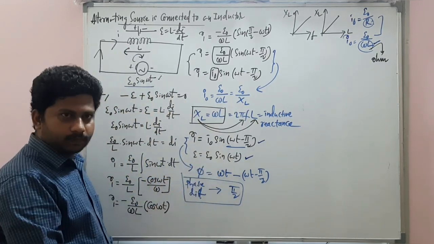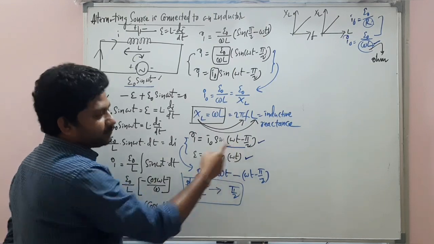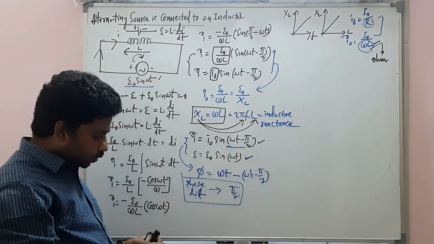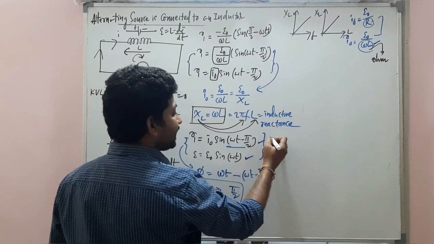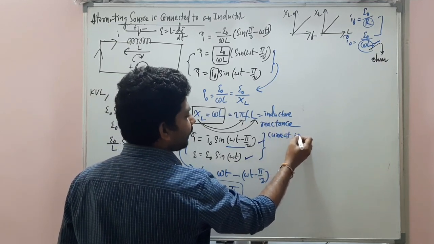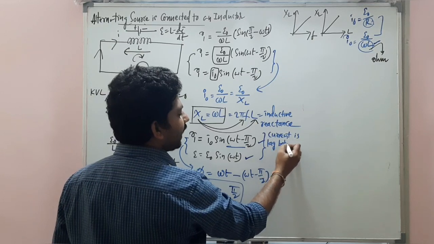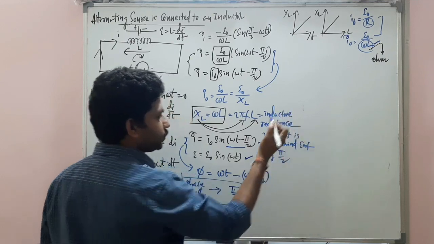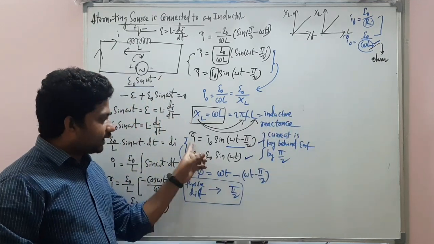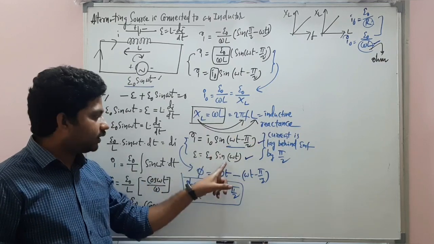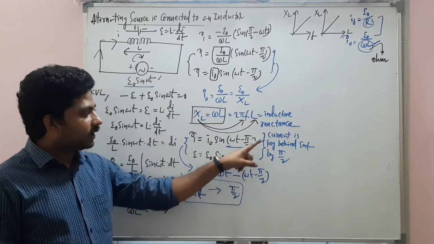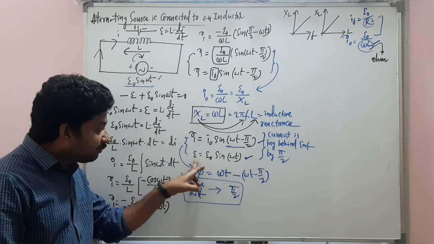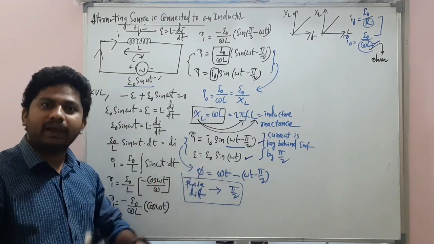Before moving to that, look at this: sin omega t minus pi by 2. So this is sin omega t minus something. So by looking at this, I can write that current lags behind EMF by pi by 2. Okay. Current is lagging EMF by pi by 2, or EMF is leading the current by pi by 2.